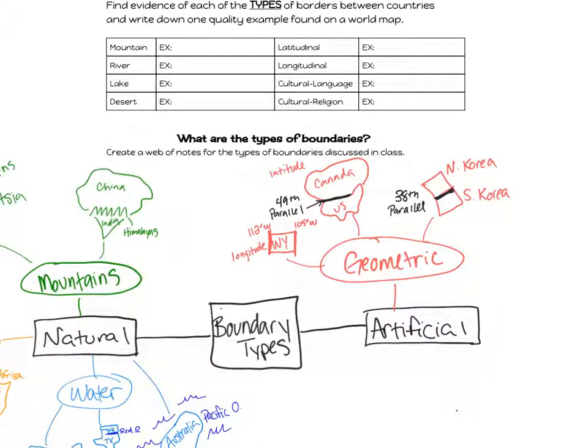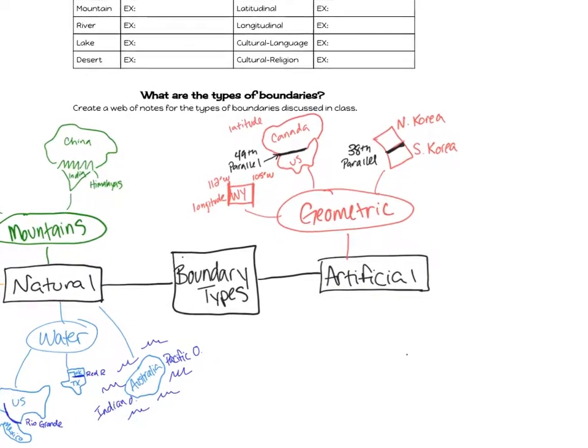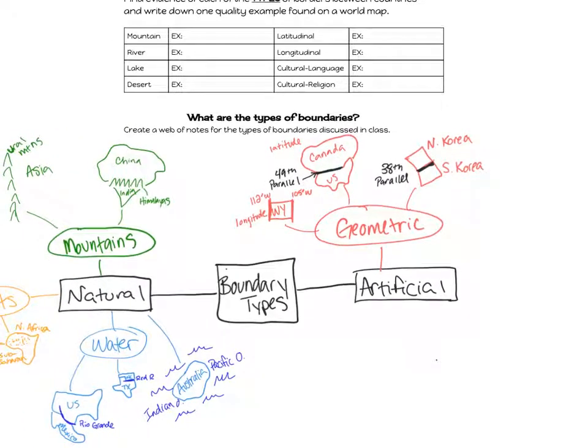That's geometric. Okay? The next type of artificial boundary is political, and I'm going to do purple for political. How am I going to fit this? I'm going to go political over here.